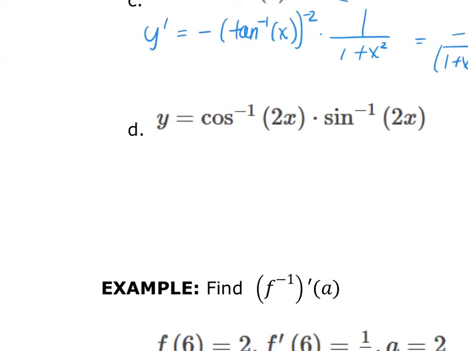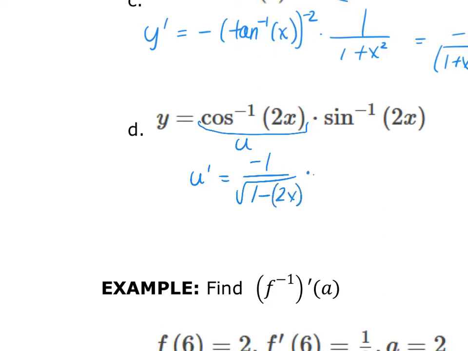Now if you chose this one, you do have to do the product rule within the chain rule. So you're going to first find the derivative of this. We're going to do the product rule. So this is u, then u prime is going to be negative 1 over 1 minus my angle squared, multiplied by the derivative of my angle.